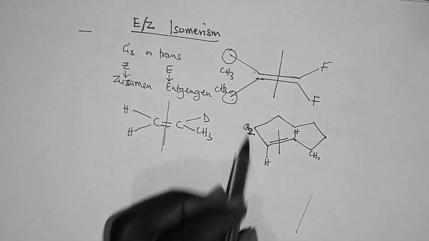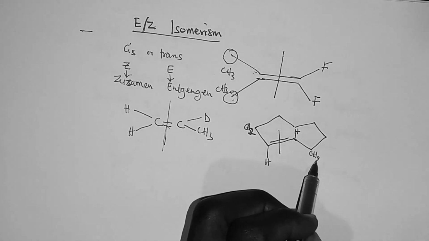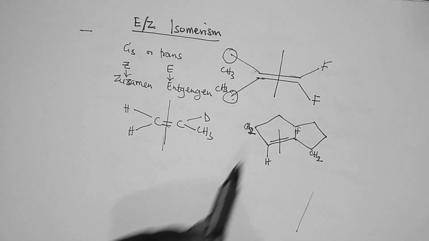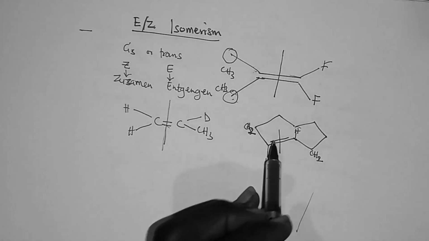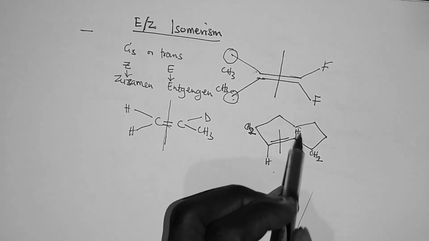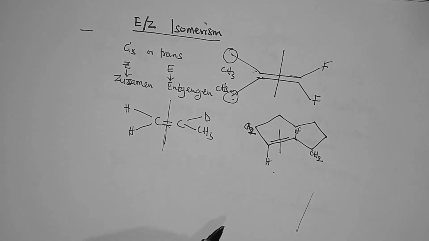It is different from the proton here. And this side is also a CH2. It is also different from the proton here. Therefore, on this side there are different groups, and on this side too there are different groups, and therefore this molecule will exhibit cis and trans isomerism.